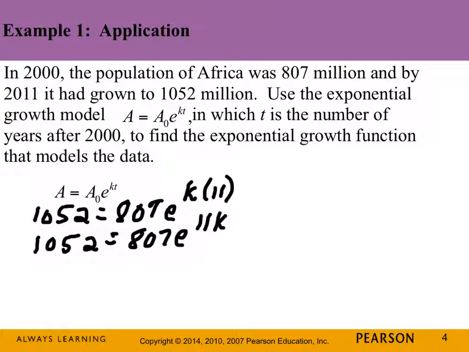Okay, so let's divide both sides by 807, and when you do, you'll get 1,052 over 807 equals e raised to the 11k.